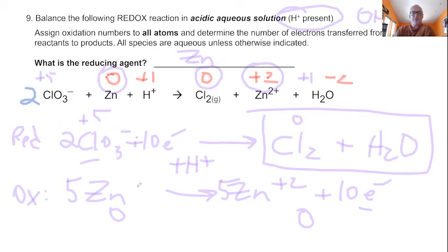So where do I add protons and how many do I add? Here I've got a minus 11 charge, and here I've got no charge. I can only add protons with a plus 1. How many do I add and which side do I put them on?